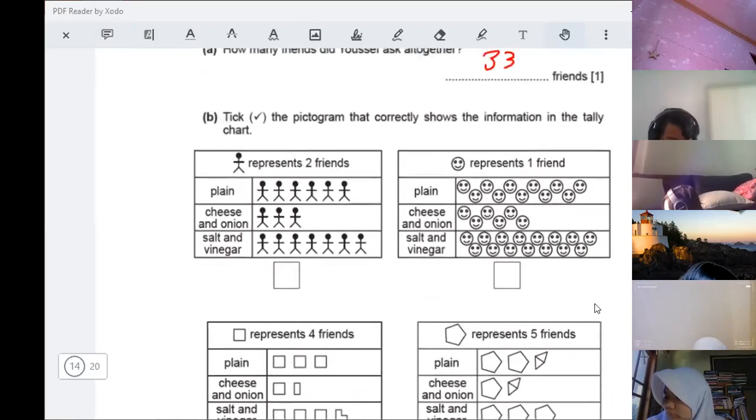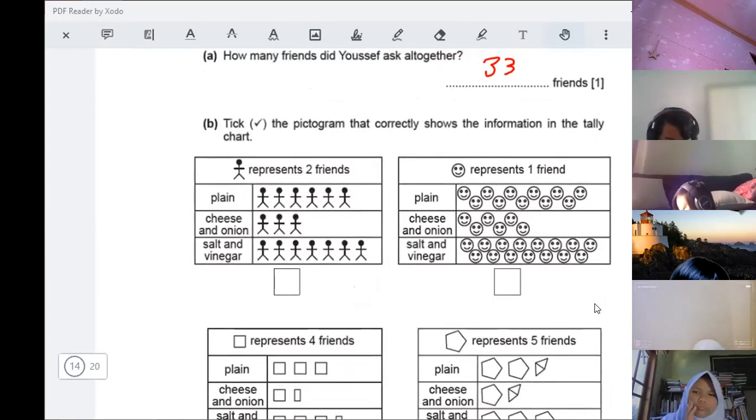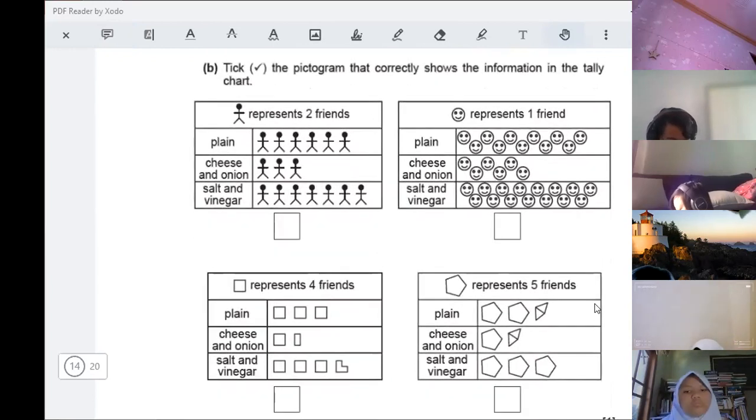Now how about this? Take the pictogram that correctly shows the information in the tally chart. Which one is correct? Okay, let's see. The plain one has 12 students, so if 2, we need 6. 1, 2, 3, 4, 5, 6. This one is correct. Cheese and onion is 6, correct too.